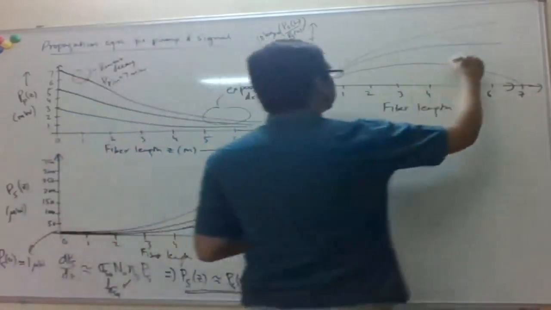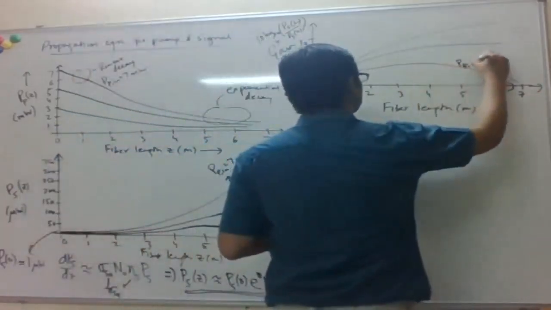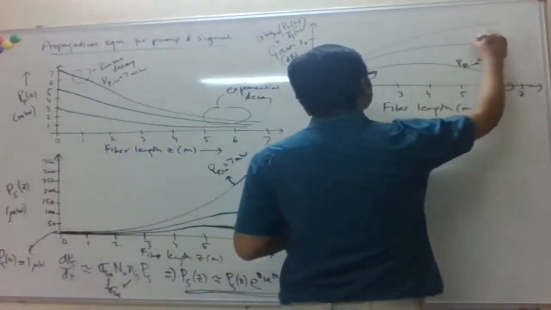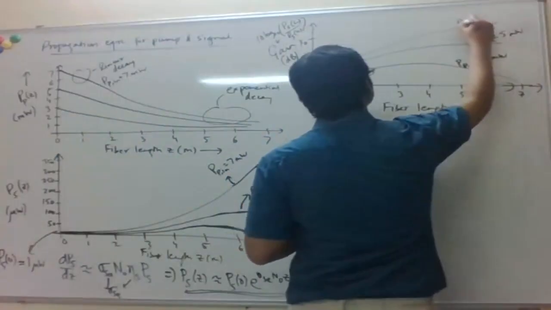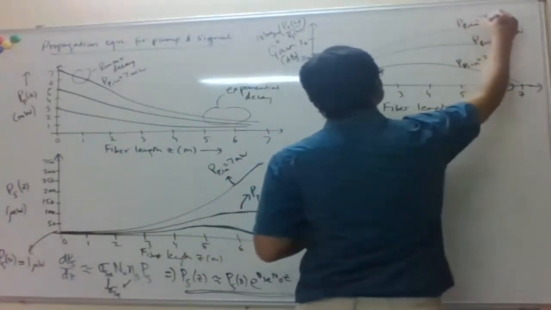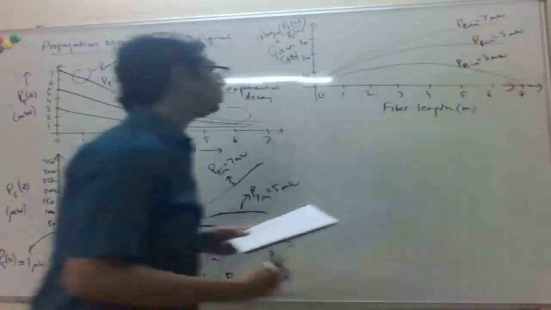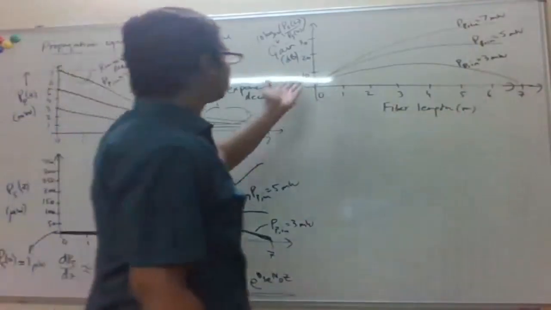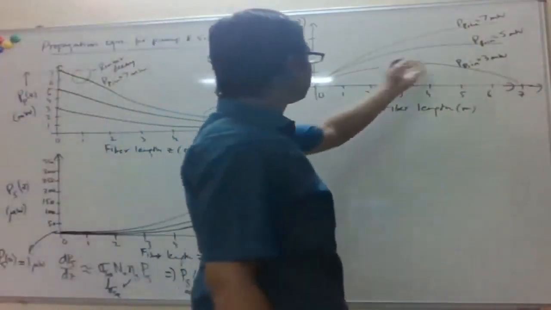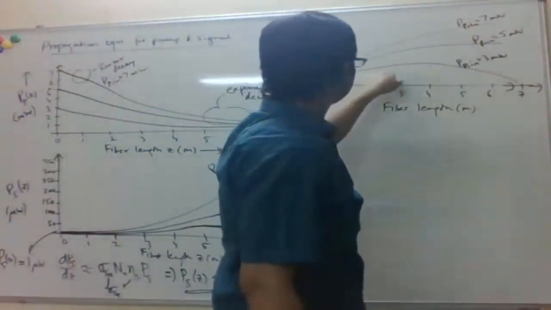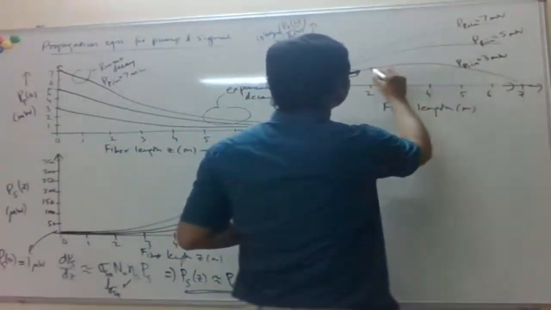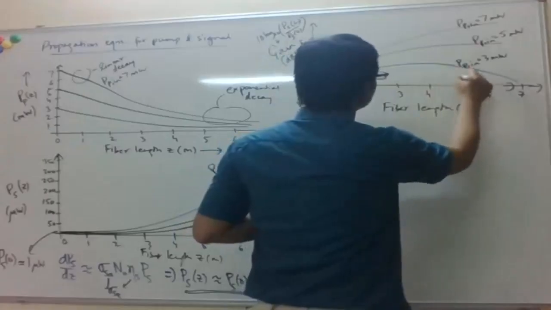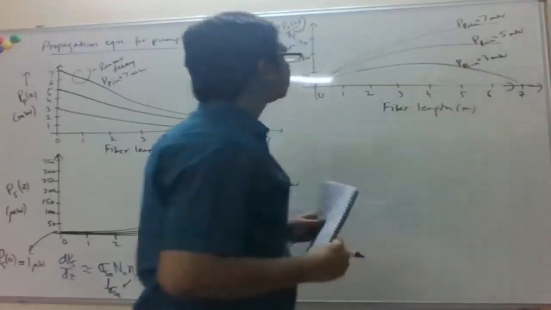Okay, so this is again for 3 milliwatt, 5 milliwatt, 7 milliwatt. Right, so for low pump powers, so 3 milliwatts, the gain reaches a maximum between 4 and 5 meter length.